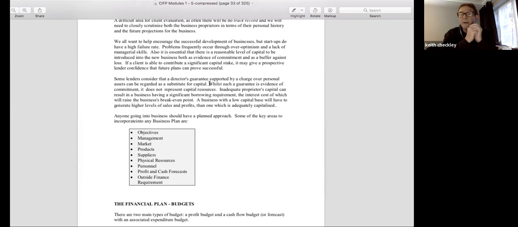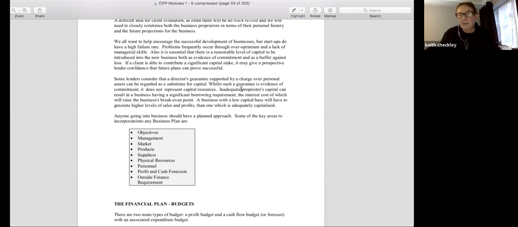But while such a guarantee is evidence of commitment, it does not represent capital resources, because it's a commitment by way of a guarantee. So as we were discussing earlier about the balance sheet, this is not going to appear in the balance sheet. This is a guarantee, this is security, this is collateral. So it's not going to impact the balance sheet. So don't get confused about that.